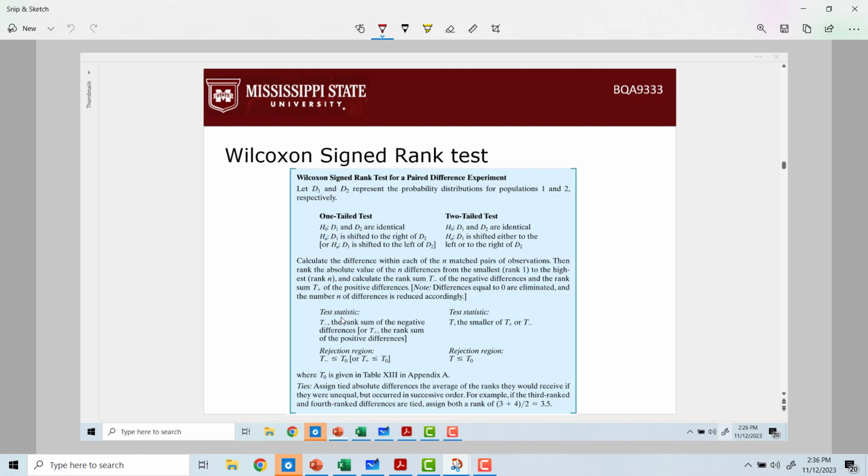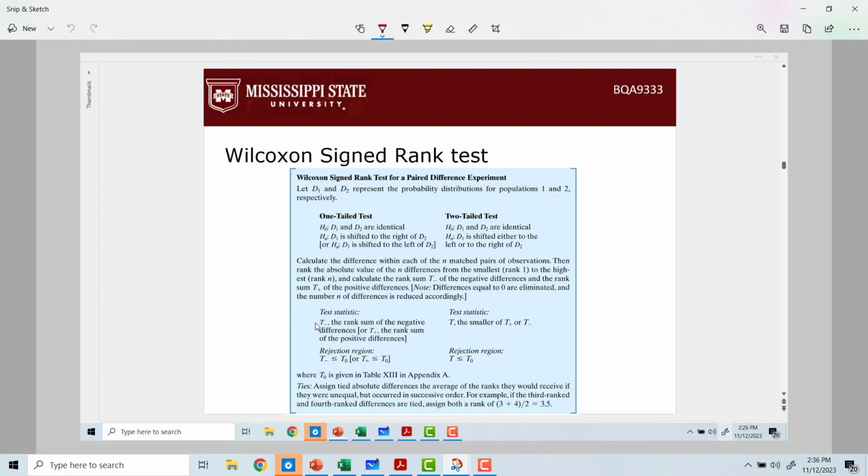Now, the test statistic is going to be T minus for kind of a right-tailed test, D1 is greater than D2, and it's going to be a T plus for the left-tailed test.